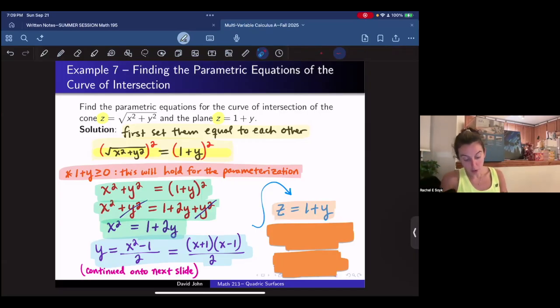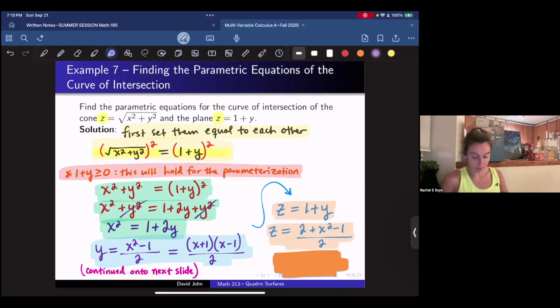So we end up with (2 plus x squared minus 1) all over 2. And then 2 minus 1 is just 1. So last but not least, we have z is equal to (1 plus x squared) over 2, or you can write (x squared plus 1) all over 2. Right? So there we have it.